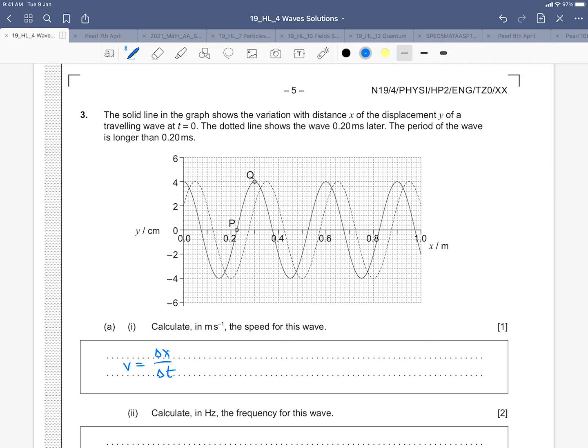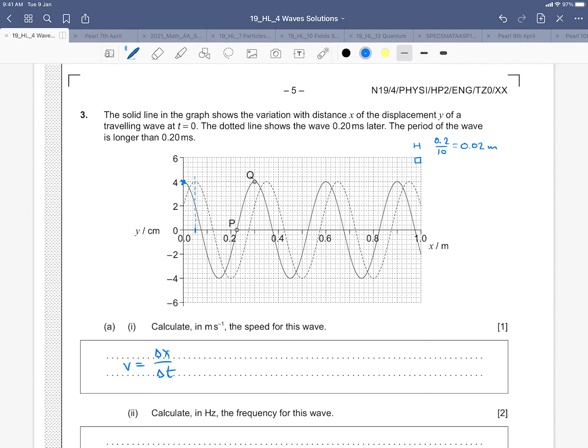So we have to see how far the wave has traveled. If I look at one point on the wave, the crest has moved to this point. Now, how far has it moved? We need to take a good look at the units on the axis. One little square, how wide is that? I can see that 0.2 meters corresponds to 10 small squares, so the width of one little square is 0.2 meters divided by 10, that's 0.02 meters.